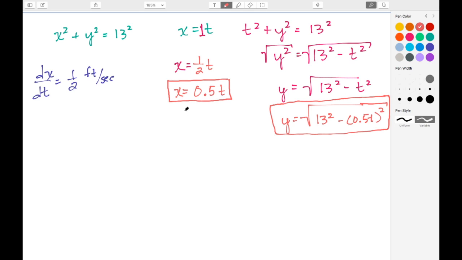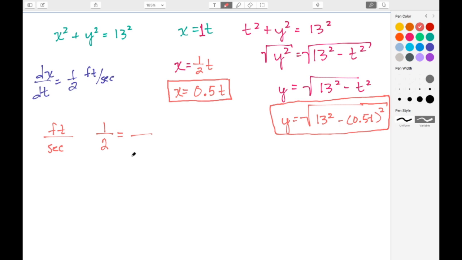Another piece of information that I want to talk about is the letter t for time. We need to figure out how much time it's going to take for this particular model. To do that, we're going to create a proportion in which we compare feet to seconds. Here we see that the numerator 1 corresponds to foot. The denominator 2 corresponds to seconds.